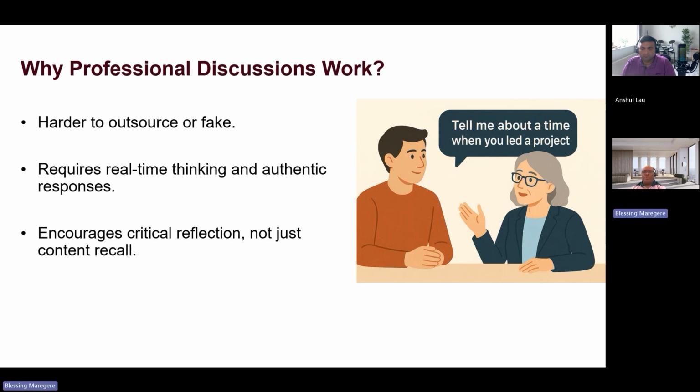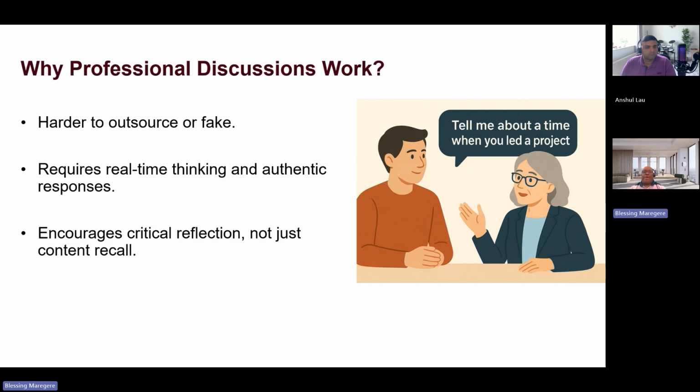There's a lot around asking open questions. There's an example there of some of the questions we ask during a professional discussion. So you could ask a learner, tell me about a time when you've led a project. That question opens up and they have the opportunity to explain the situation they've been in, what tasks they were responsible for, what actions they took, the results, and to reflect on that whole process as well.